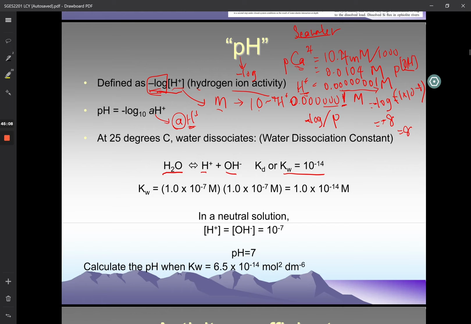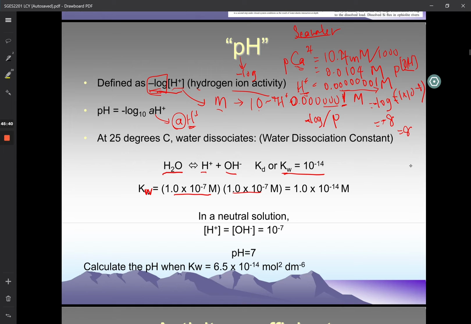How this is derived is that Kw, the constant for the dissociation of water, is reported as the product over the reactant, right?